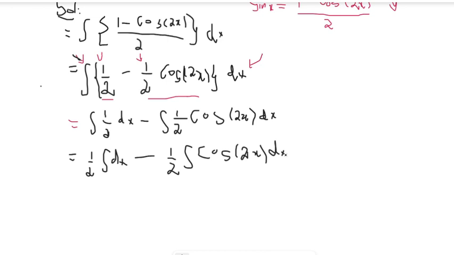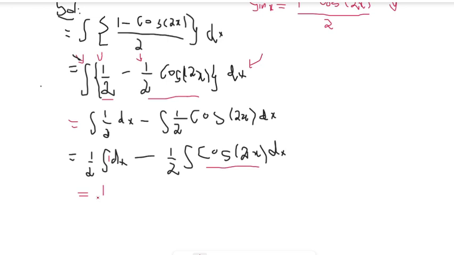Now all the terms have been simplified. We cannot simplify further here, because the integrand here is 1 and the integration of 1 is x, and we know the direct formula for the integration of cos 2x, which is sin 2x over 2. So we can just integrate it directly.